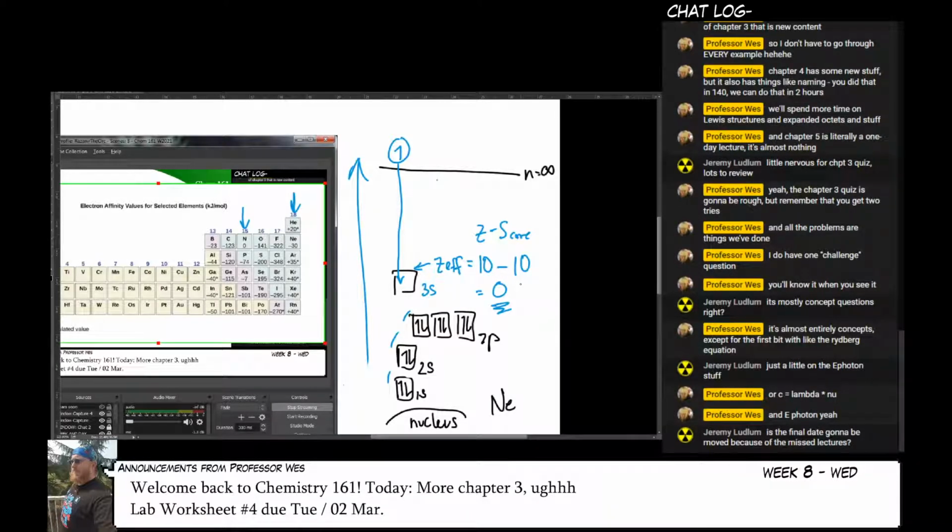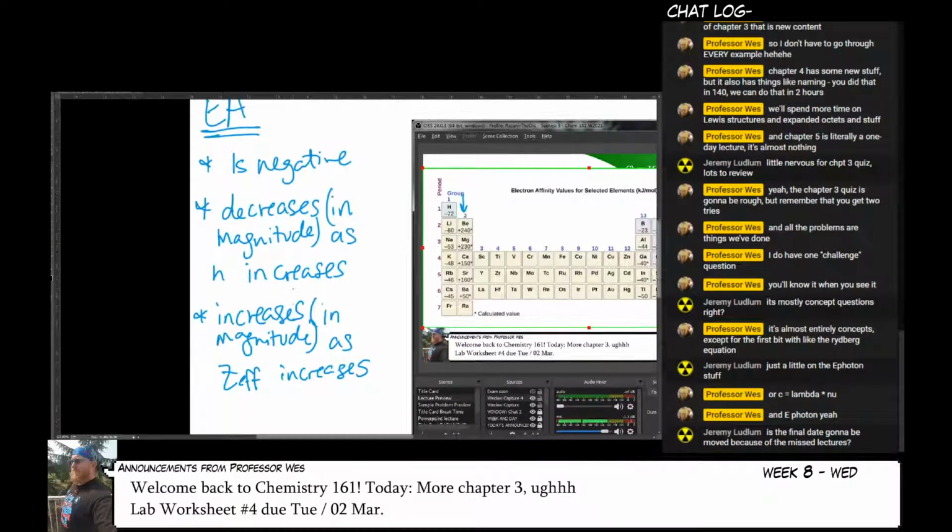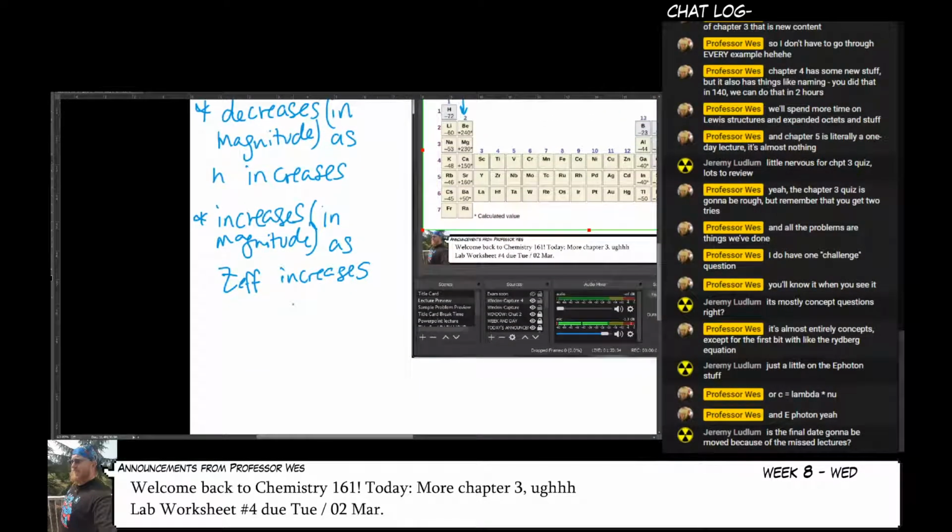So you have to provide that force to hold the electron in there most of the time. And why this is like this, I actually don't know why this one is negative. I would have predicted it to be positive, but it's a weird sort of situation. But for elements in 8A, Z effective is 0. So the electron really just doesn't stick. So we'll add that down here. Here's our exceptions.